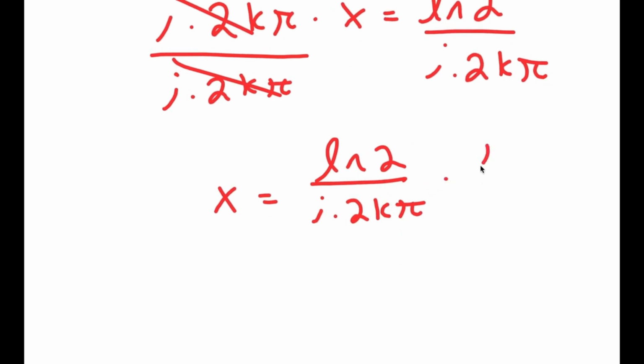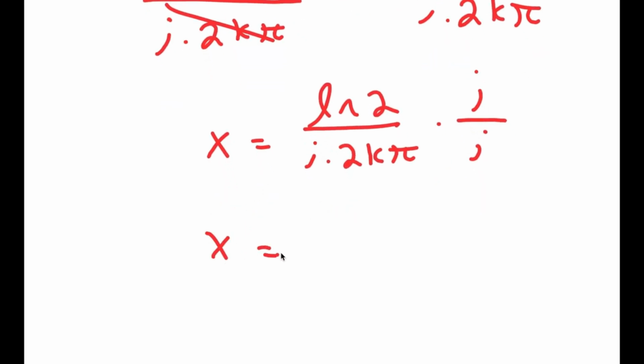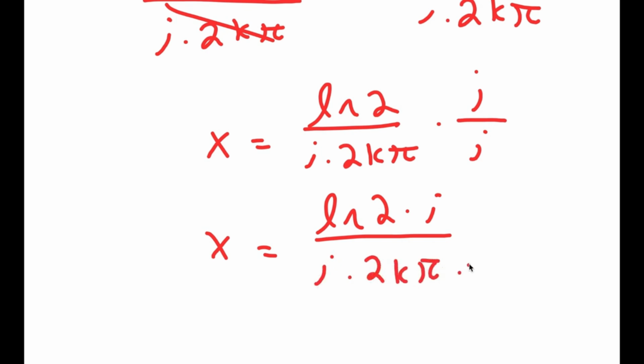Now I'm going to multiply both sides by i over i, which is equal to 1. So now I get x is equal to ln 2 times i over i times 2k pi times i.